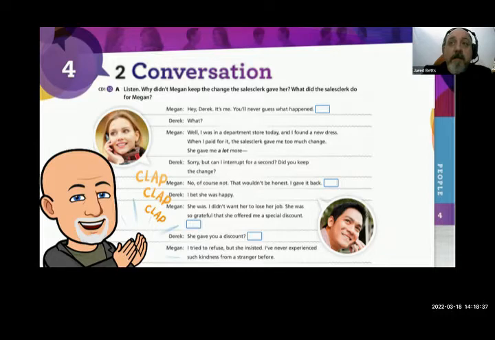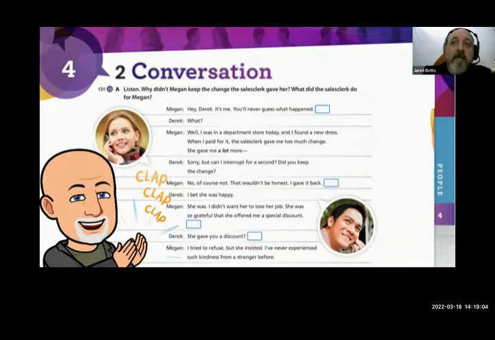Hey, Derek. It's me. You'll never guess what happened. What? Well, I was in a department store today, and I found a new dress. When I paid for it, the sales clerk gave me too much change. She gave me a lot more. Sorry, but can I interrupt for a second? Did you keep the change? No, of course not.